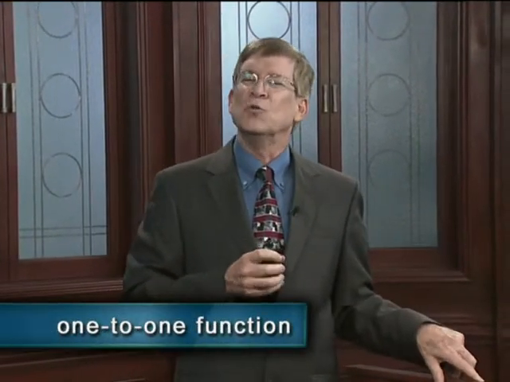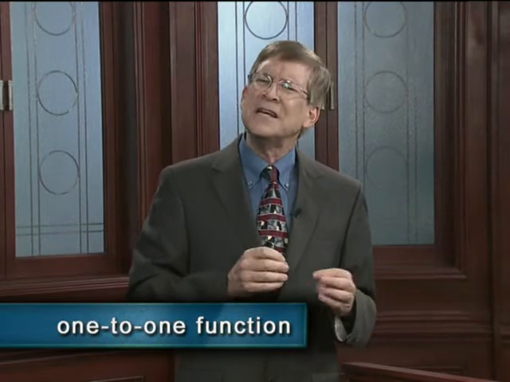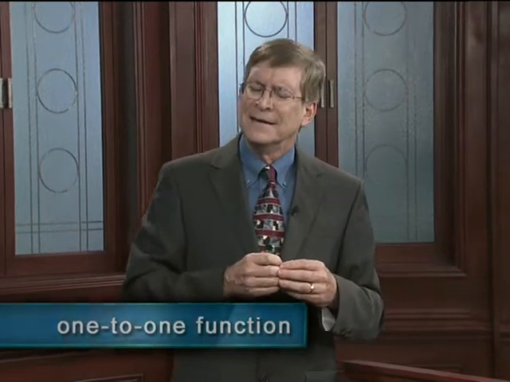Well, let's formalize some of these ideas we just talked about. We just used the idea of what's called a one-to-one function. This is a fairly complicated little idea that comes up all the time in calculus classes, and it's closely related to inverse functions. Here's the formal definition of a one-to-one function.